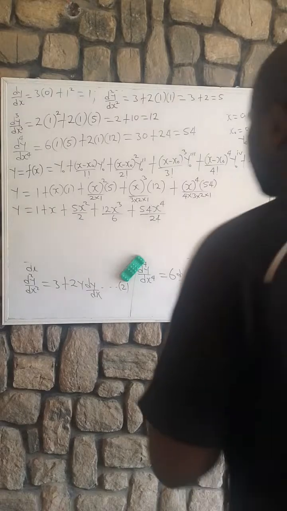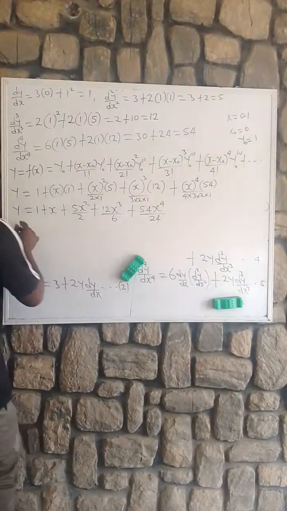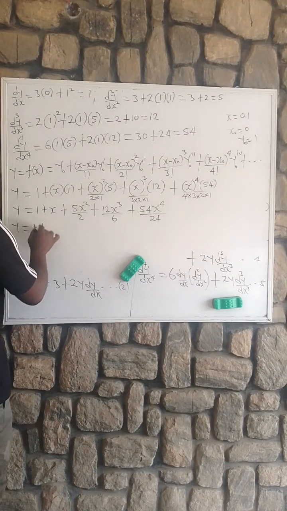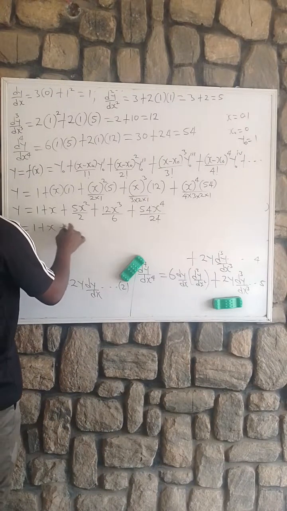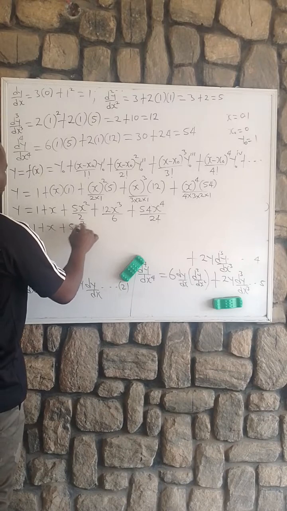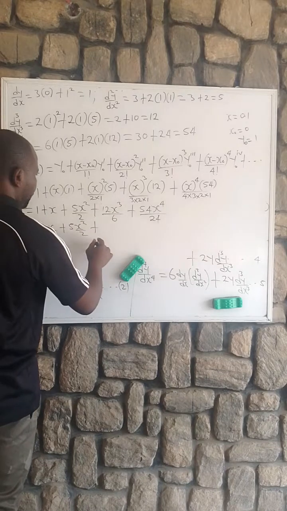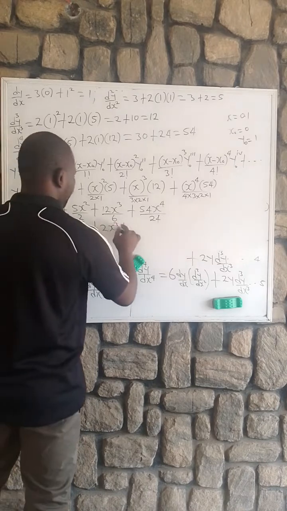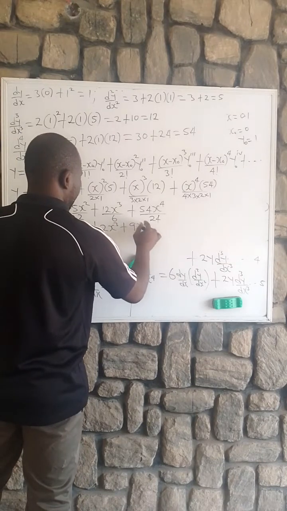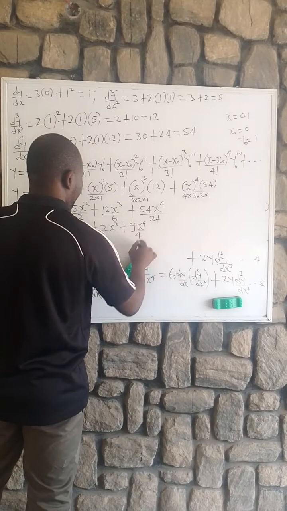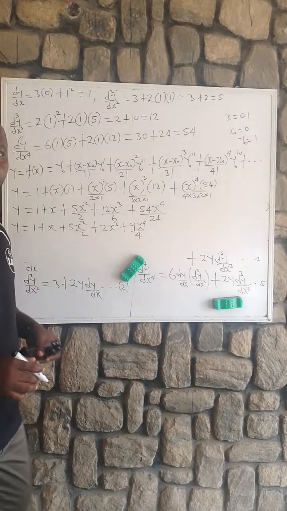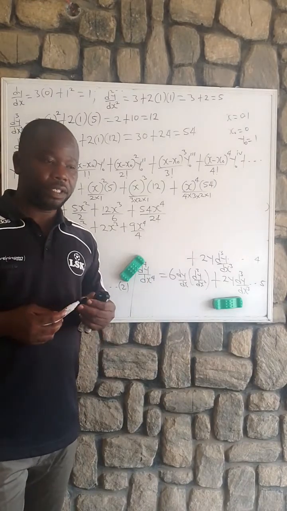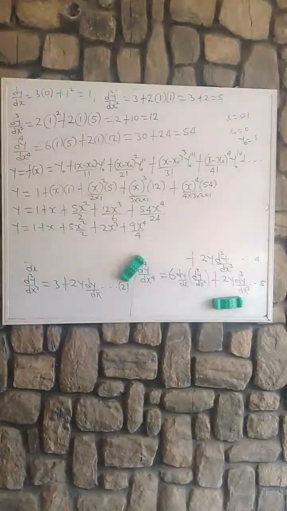Here it means our y is equal to 1 plus x plus 5x squared over 2, our Taylor series will be in this form, plus 2x cubed, then plus 9x raised to the power 4 all over 4. True or false? It's true, right? Look at the board and tell me.